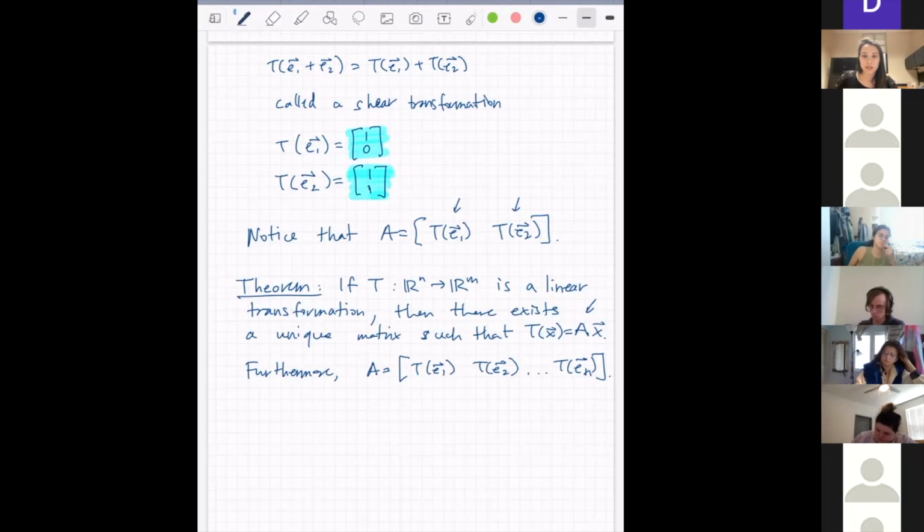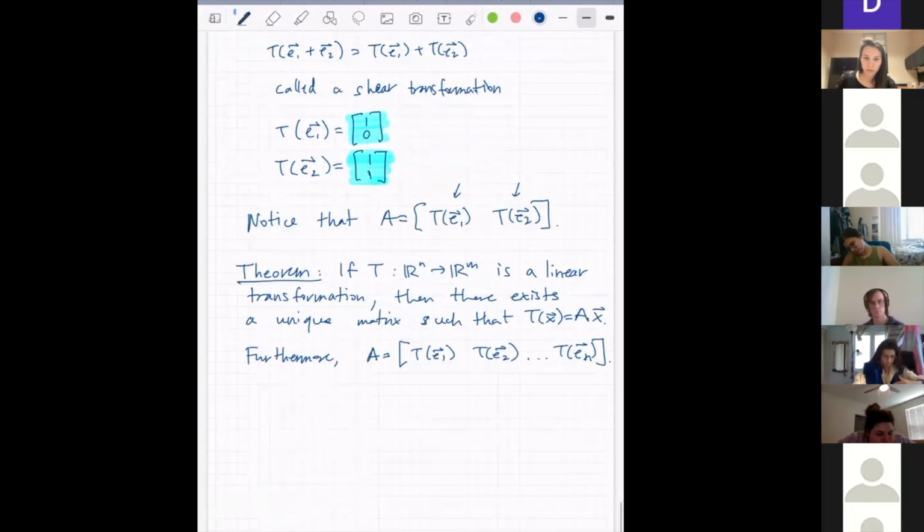So these linear transformations that look like this are in fact the only types of linear transformations that there are, right? So any linear transformation that we could write down will be of this form, right?